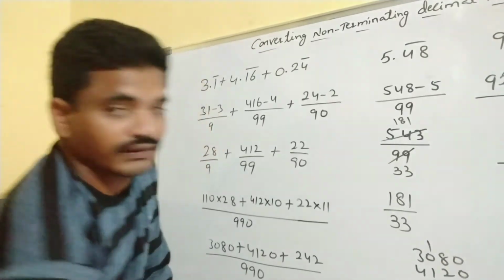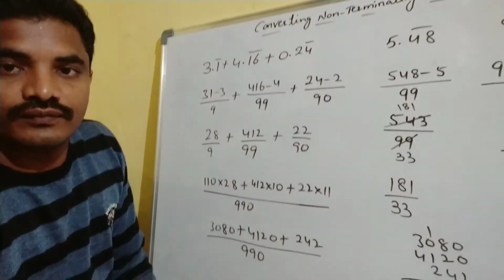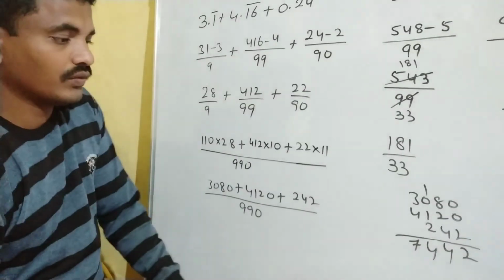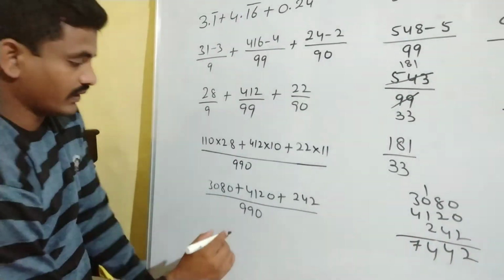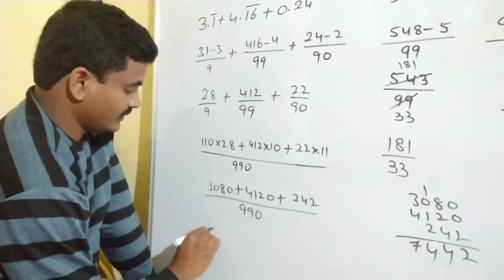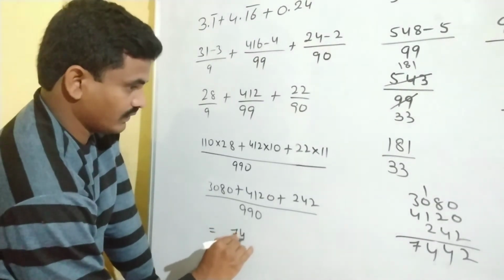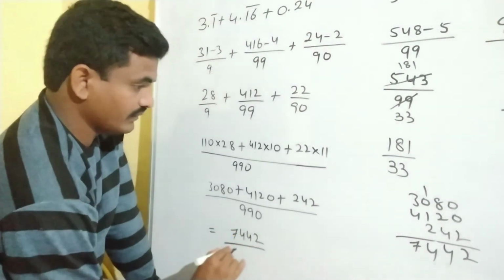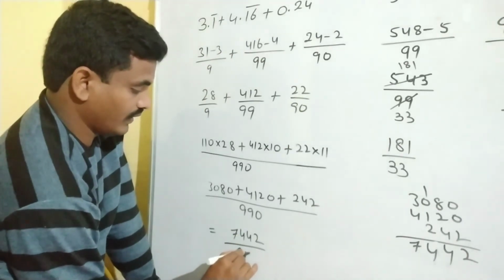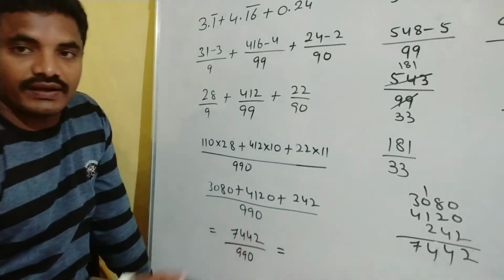That value we get is 7442. We are getting 7442 by 990.